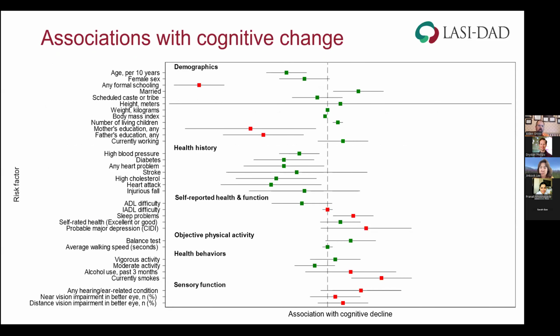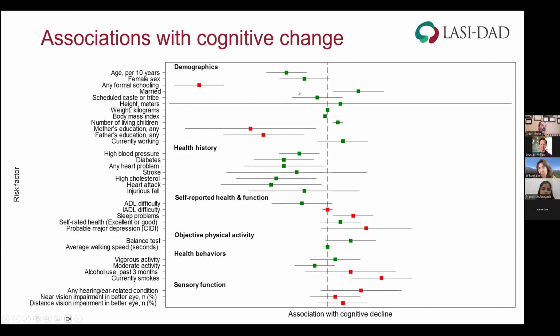So this plot is showing beta coefficients for the effects of exposures on rates of cognitive change. The x-axis is the association with cognitive decline. A green box indicates that associations are in a direction that one should expect. For example, the coefficient for age is negative.